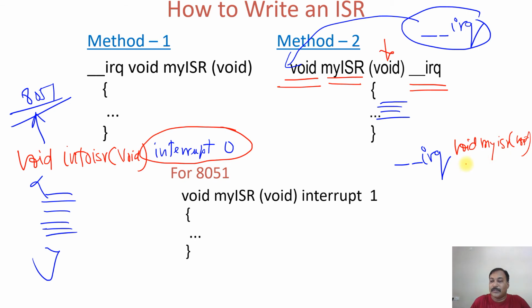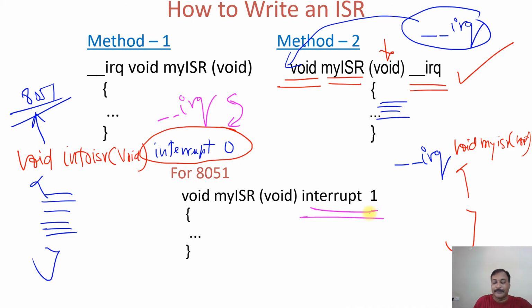This is also possible. But I would prefer the first method over this, because it is what we used in 8051. So you can just compare this one and that. Instead of the interrupt keyword, you have to use double underscore IRQ. That is the only difference between 8051 and LPC2148. So keep this in mind.